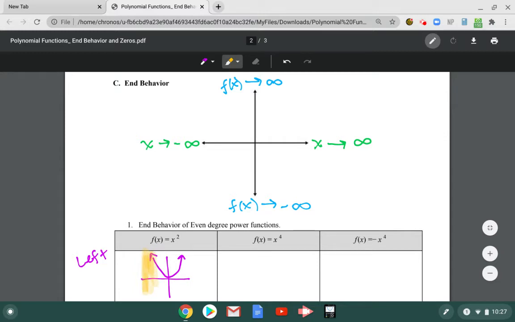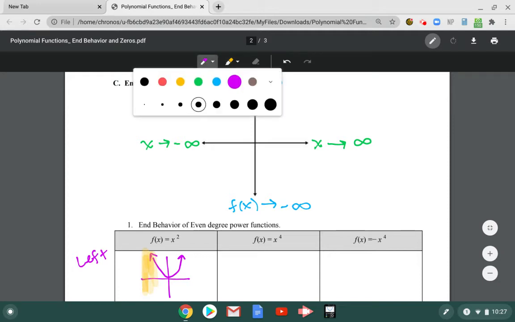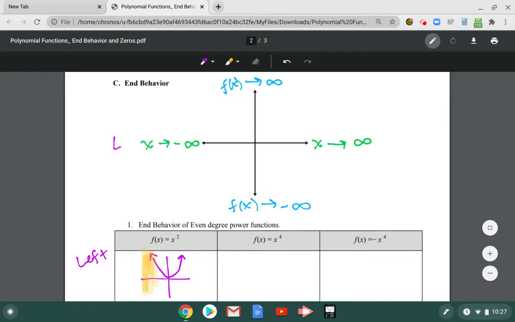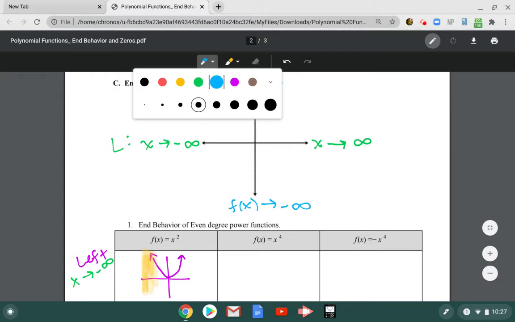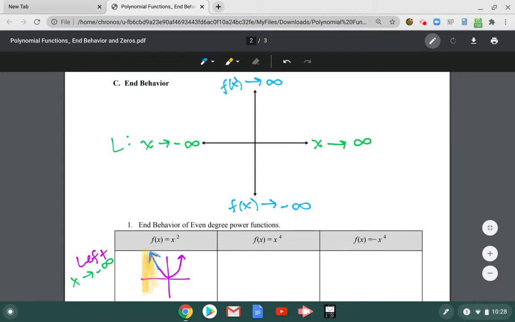In order to talk about the left side, x is moving towards negative infinity. I want that to be green. So picky with my colors. So on the left, x is heading towards negative infinity. That's what left means. And I want to see, what is my function doing? Well, my function is going up towards the positive direction.